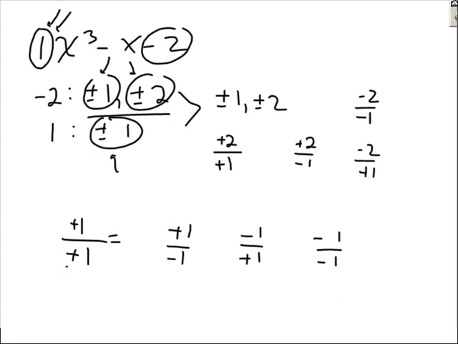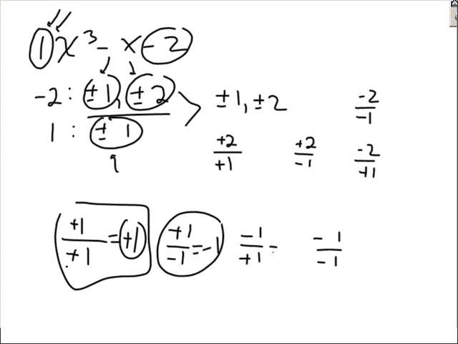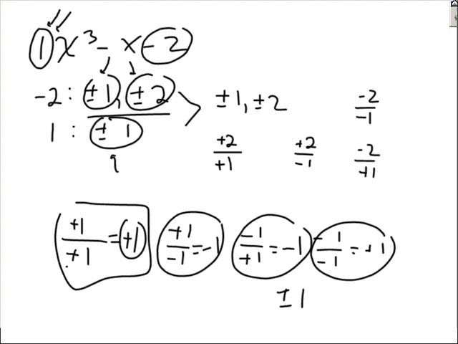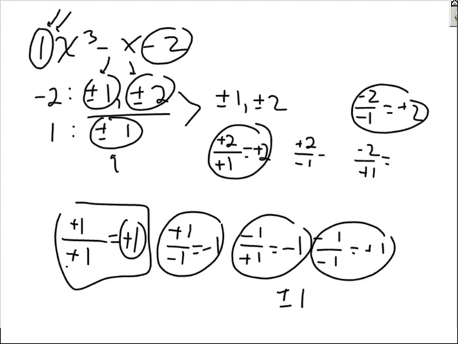The bottom line is, sometimes you get plus 1, sometimes you get negative 1. These are repeats. You get plus or minus 1. Here, you get plus 2. Over here, you get plus 2. These two give you negative 2.